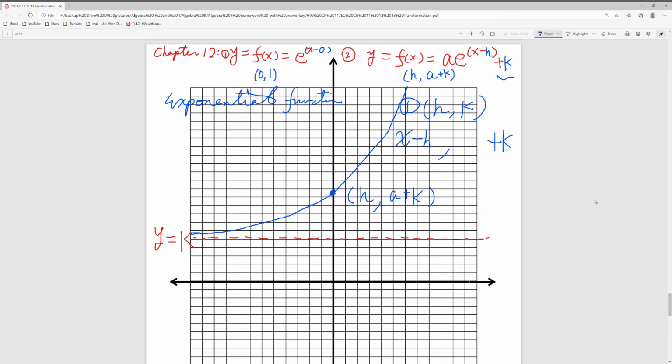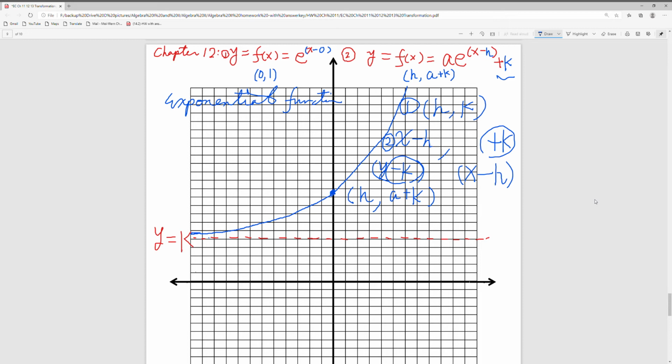Now, when you go to the next chapter, chapter 13, you are going to see y minus k, x minus h. So when we are supposed to plus k and when we are supposed to minus k, that's an interesting concept you want to learn, and I can just tell you right now easily.